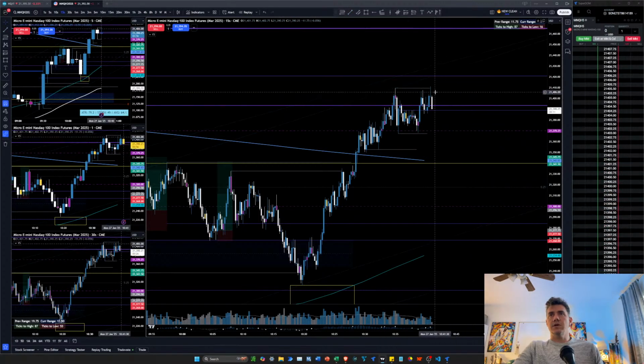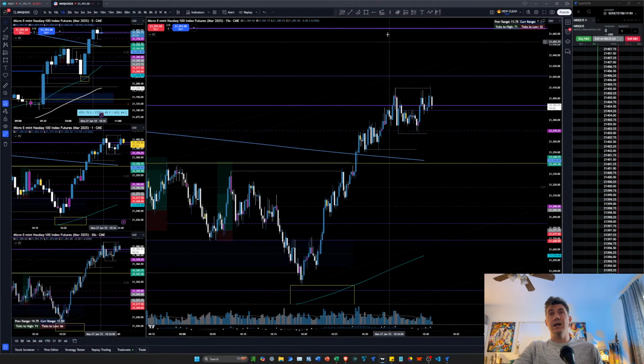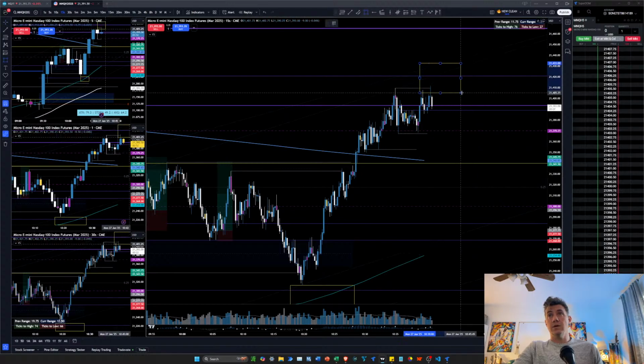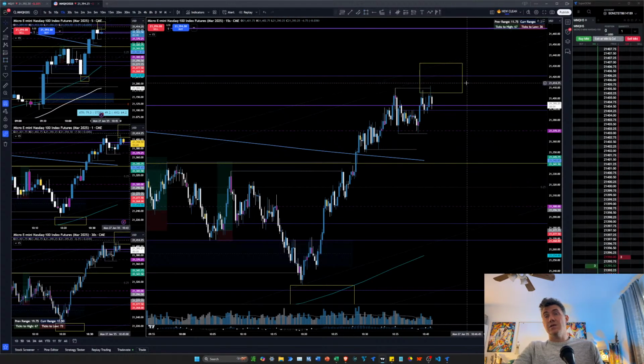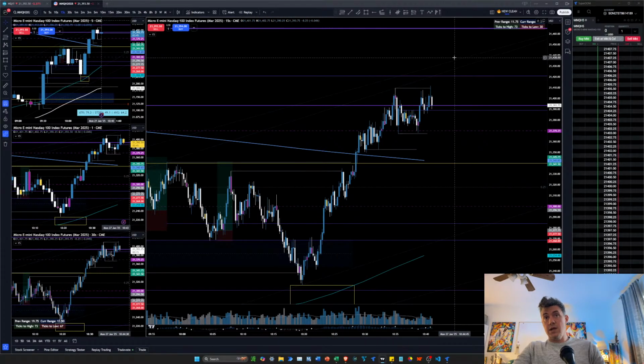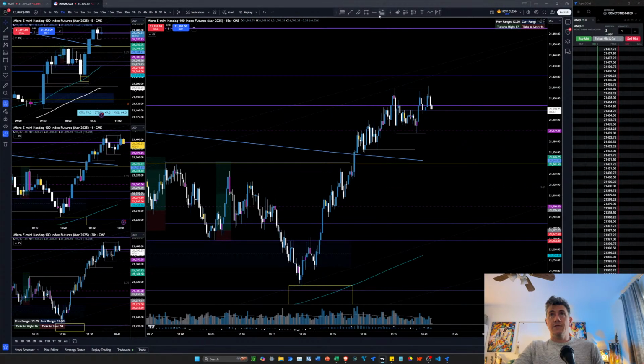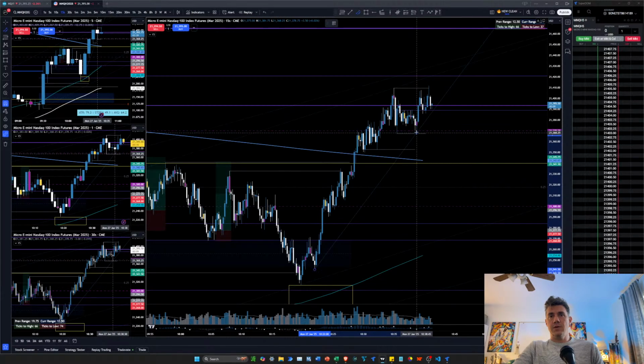Can't take the first trigger. That is kind of the short that I'm waiting on. This is kind of the short I've been waiting on all morning. So I didn't get my long from this moving average. Let's see if price wants to give me the short that I have patiently waited for here.